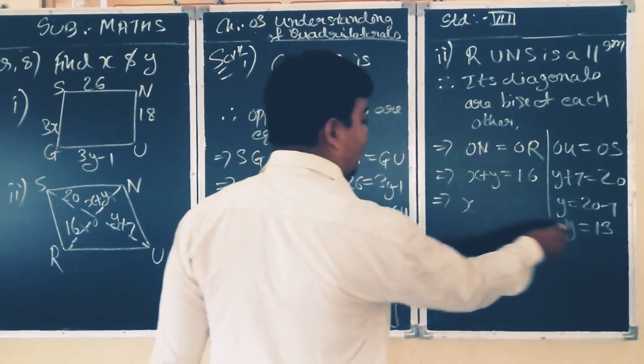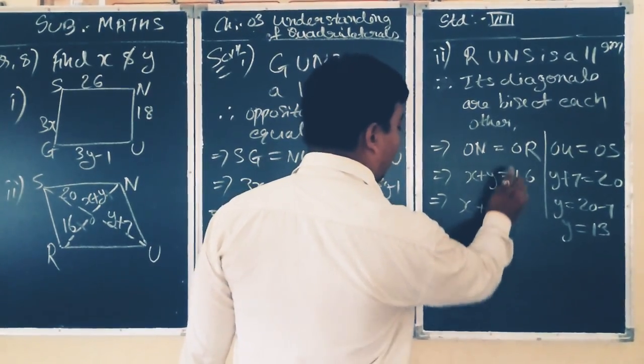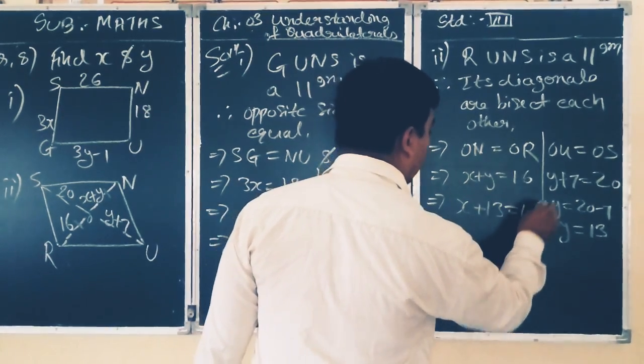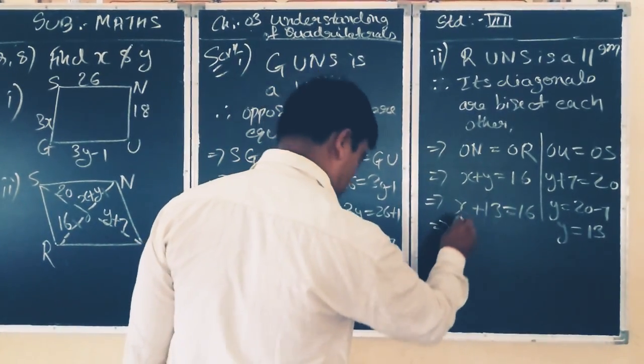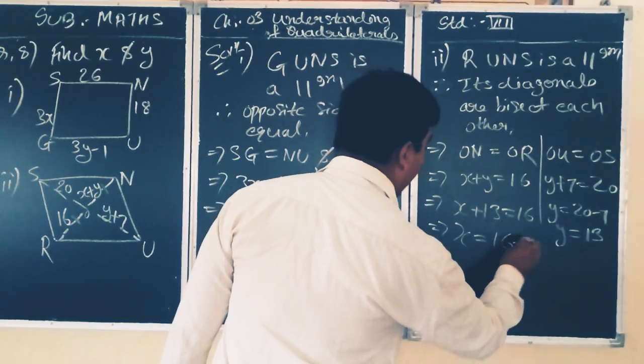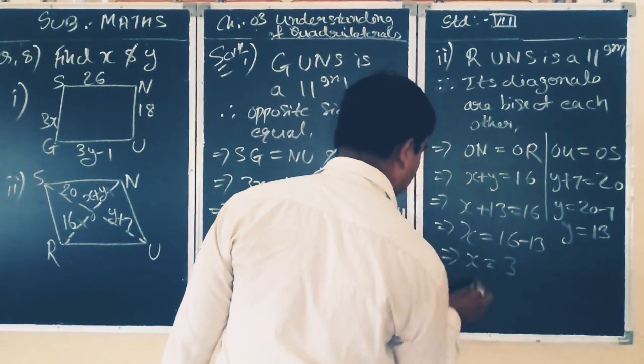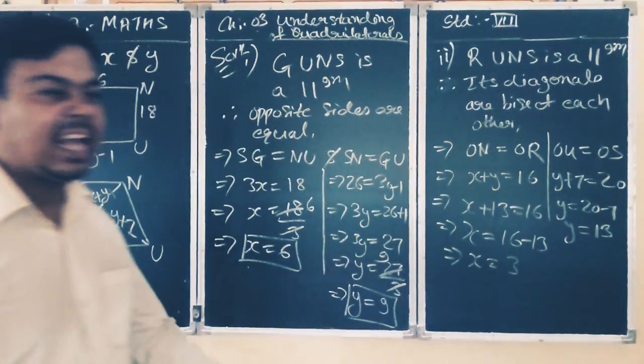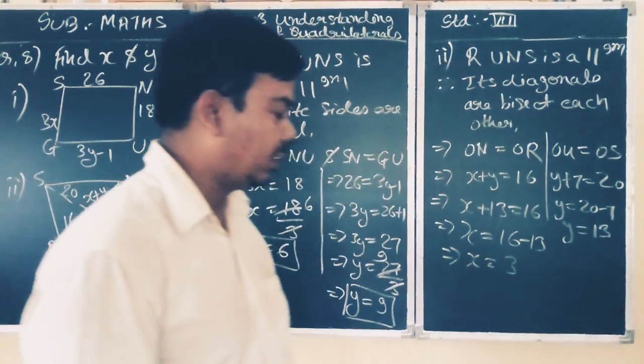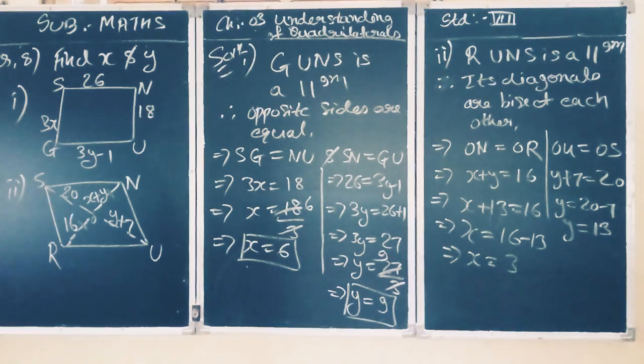Now we know the value of y is 13, so put it in: x plus 13 equals 16, so x equals 16 minus 13, which is 3. The value of x is 3 and the value of y is 13. Understand, class? Let's copy this.